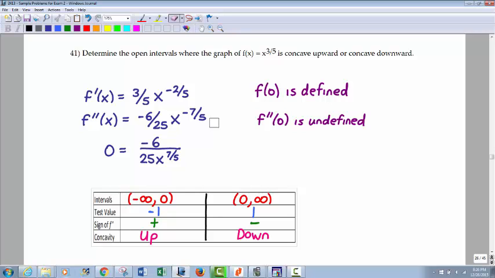Now, just like the rule for critical numbers, if you have a value that makes your second derivative undefined, but yet it is defined in your original function, that goes on your sign chart. Now notice I'm not saying it's an inflection point yet, but it goes on your sign chart.